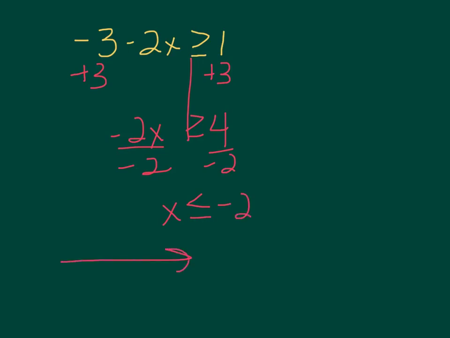Draw your number line. This is going to be a closed circle because it's equal to, and x is less than, and less than is to the left. So my interval notation goes from negative infinity to negative 2. It is not equal to negative infinity, however, it does equal negative 2.